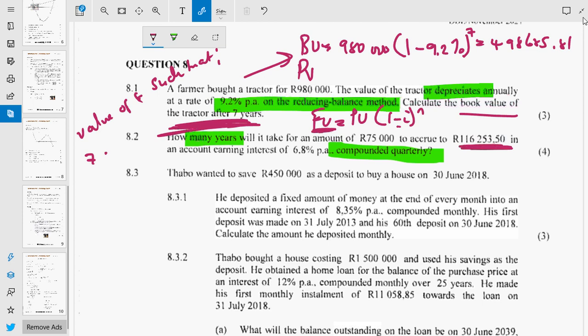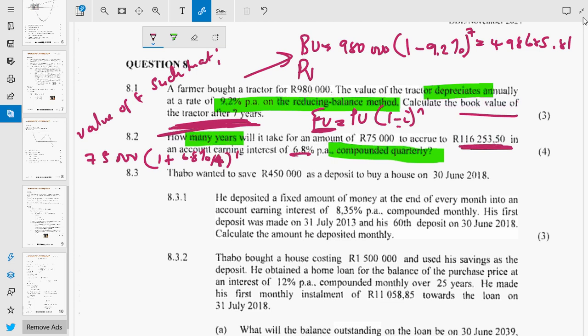such that 75,000 multiplied by 1 plus 6.8. Now this is per annum compounded quarterly, which means per quarter I'm going to have 6.8% over 4.